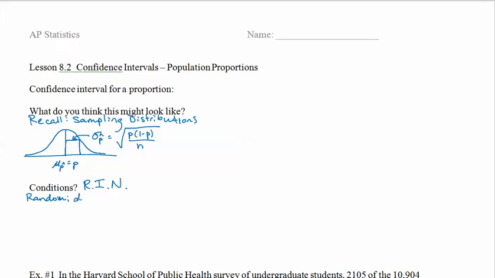So data from random sampling, I'm just going to put a line down here. Random sampling or random assignment.